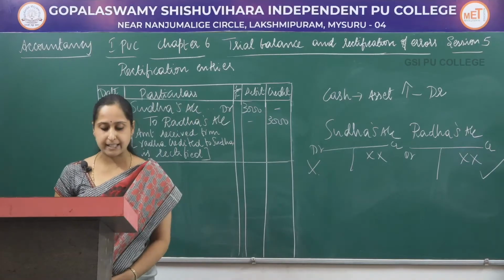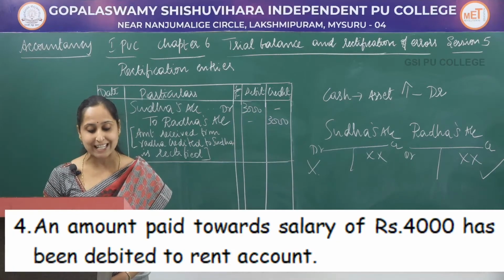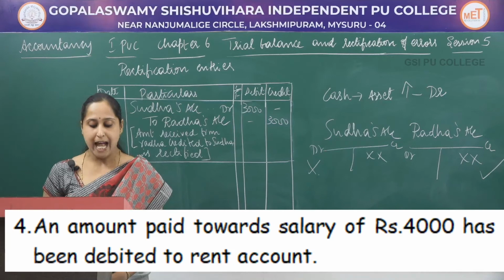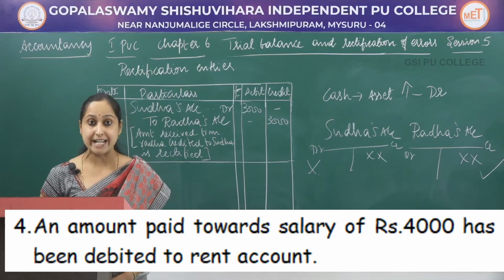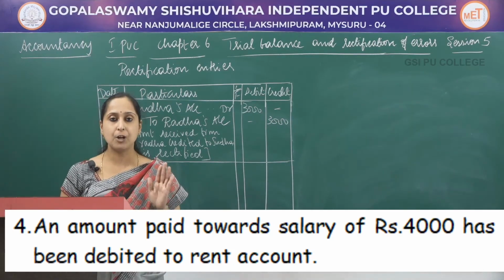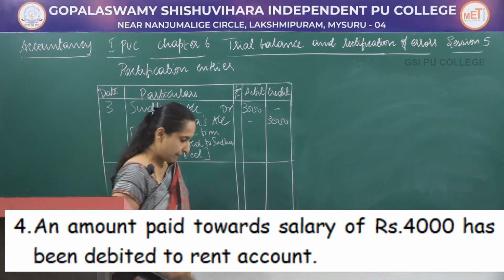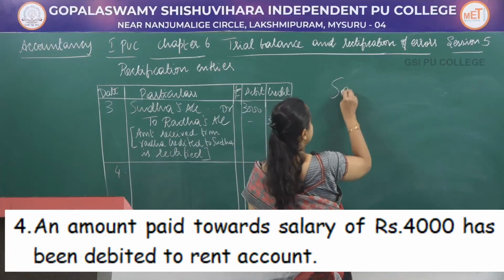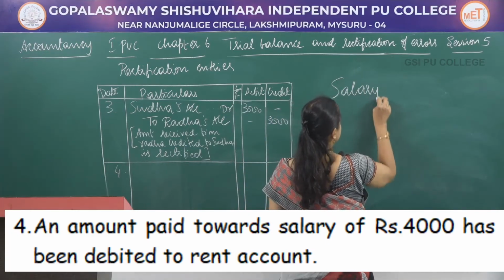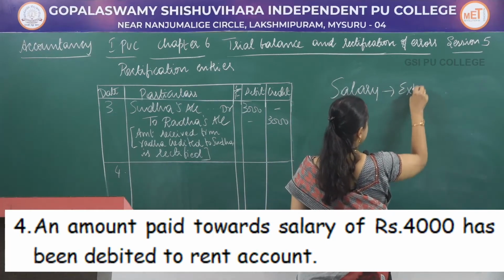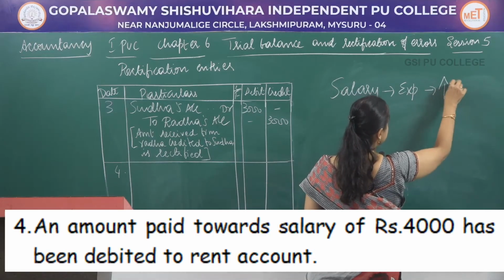Next one is an amount paid towards salary of rupees 4000 has been debited to rent account. Here you are paying salary of rupees 4000. See, you are paying salary means it is an expense for you. Salary, it is an expense. So there is an increase in expense.